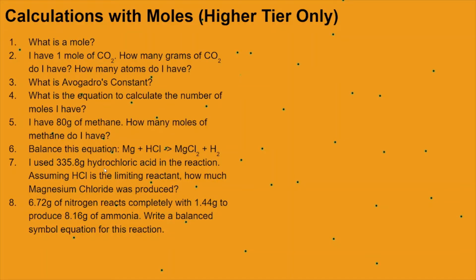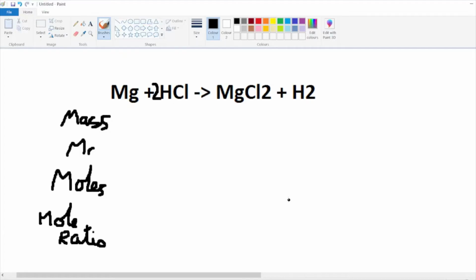So, question 7, I used 335.8 grams of hydrochloric acid in the reaction. Assuming hydrochloric acid is the limiting reactant. We'll get onto what this means later, but it's essentially just saying assume all of it is used up. How much magnesium chloride was produced? So this is very much a more complicated, higher tier question.